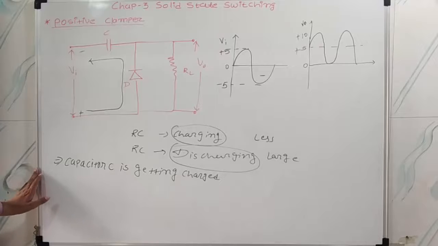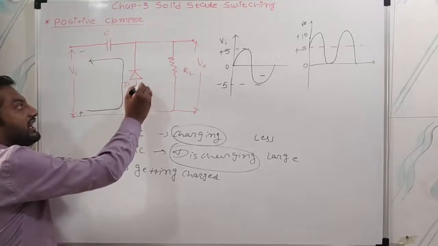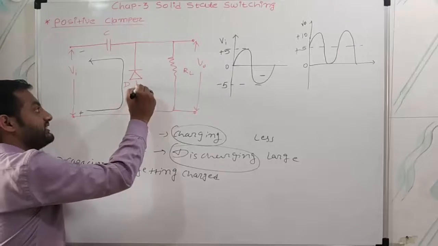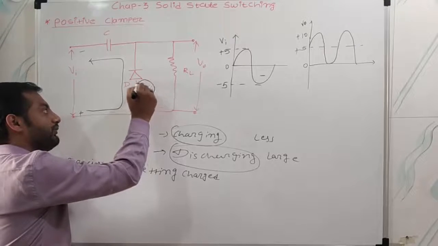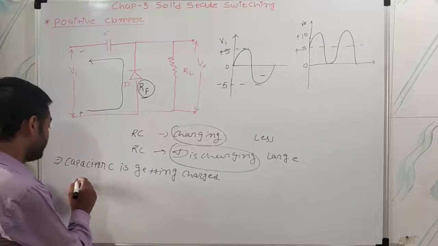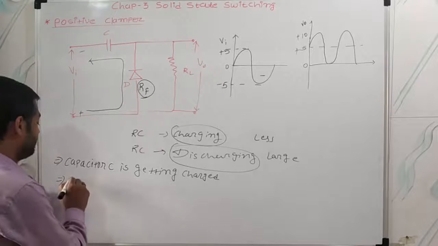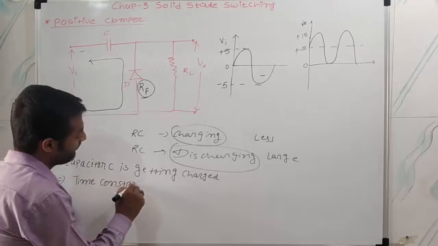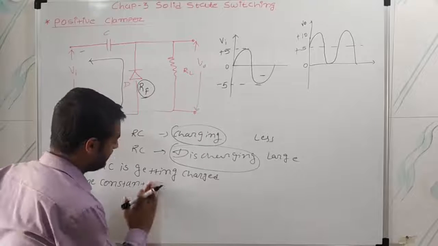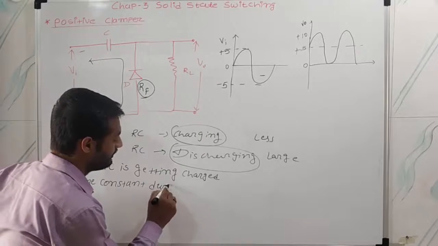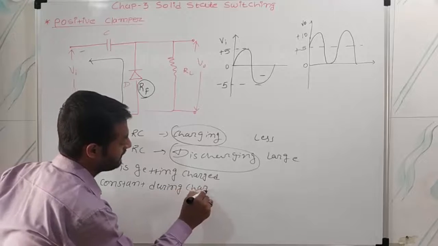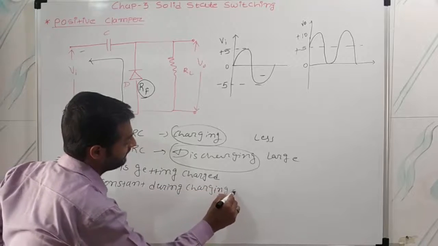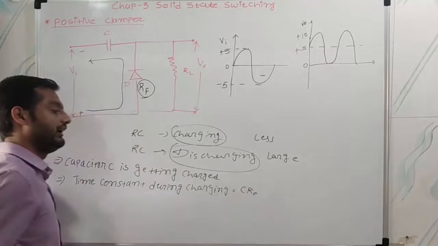Now see, the capacitor is charging through this diode, and the resistance of this diode in forward bias direction is RF. So the time constant during the charging process is C RF, right?